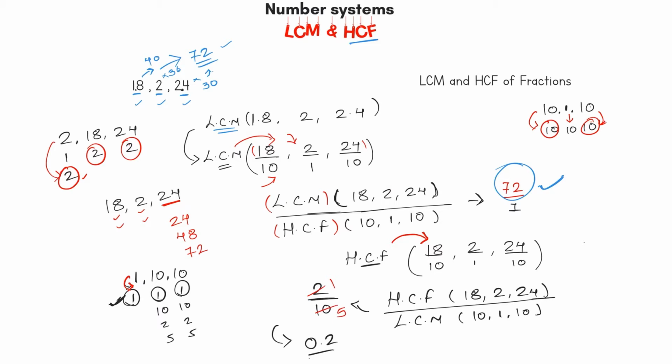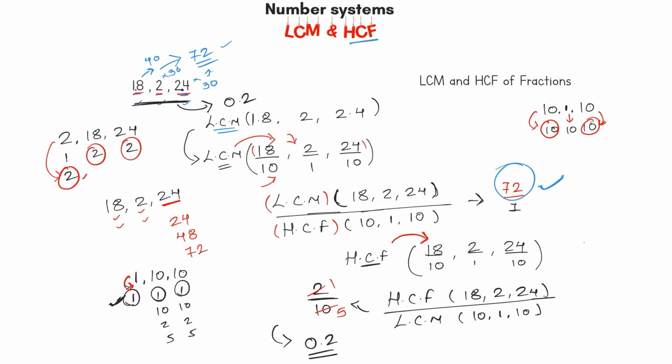0.2 is my answer here, which means the highest common factor of these three numbers is 0.2. Does 0.2 divide 1.8? Yes, it does. Does it divide 2? Yes. Does it divide 2.4? Yes. That's why it is the highest common factor of the three.